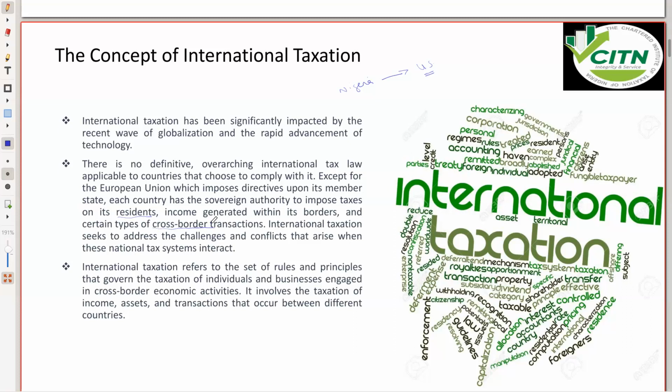International taxation then seeks to address some of the issues and challenges that come from the different tax laws. For example, you residing in, say, Nigeria, we have our tax laws. But someone who is not residing in Nigeria, but in the US, is actually earning income from Nigeria, maybe through providing online services.